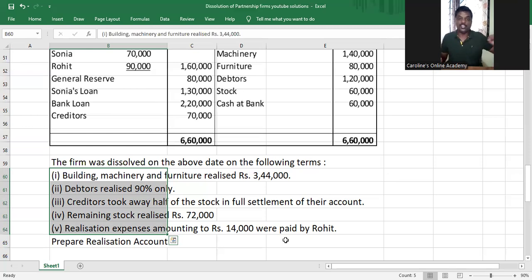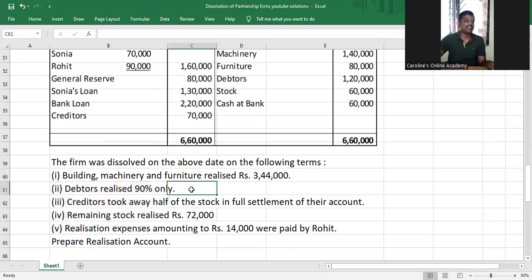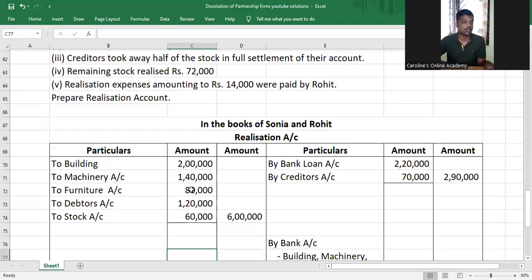Understood or not? Similarly, if there is no information on how much was paid for a liability, you have to assume that the full amount was paid for the liability, which happens to be 2,20,000 in this case. So bank loan, they have not told how much we paid to settle it. But then we have 2,20,000. Understood or not, my dear children?